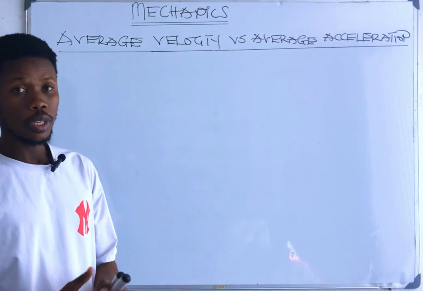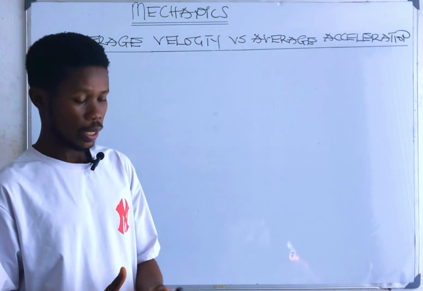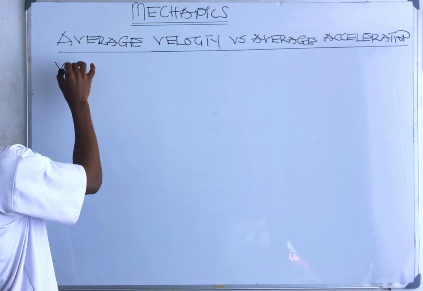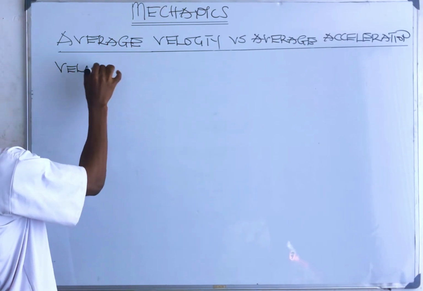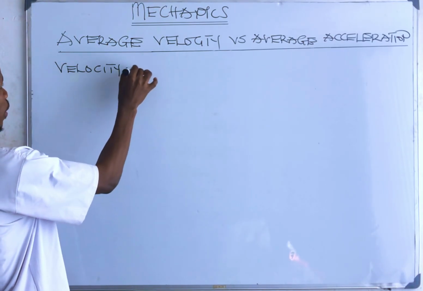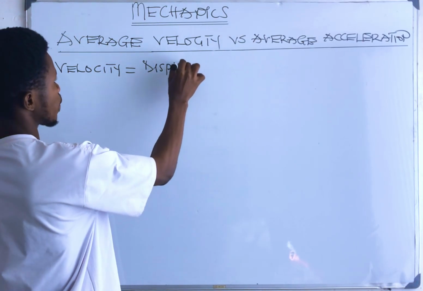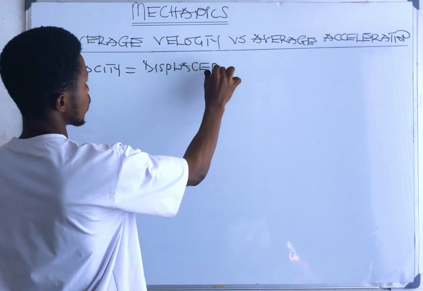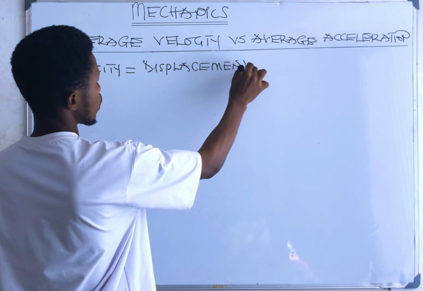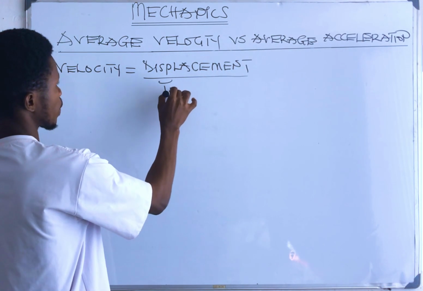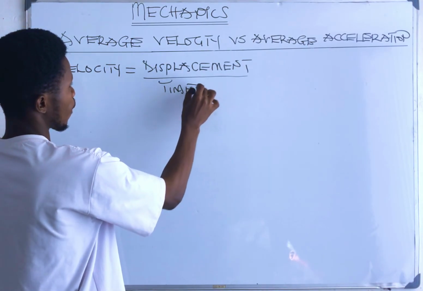We already know the definition of what a velocity is, right? We said that velocity is equal to displacement over time taken.